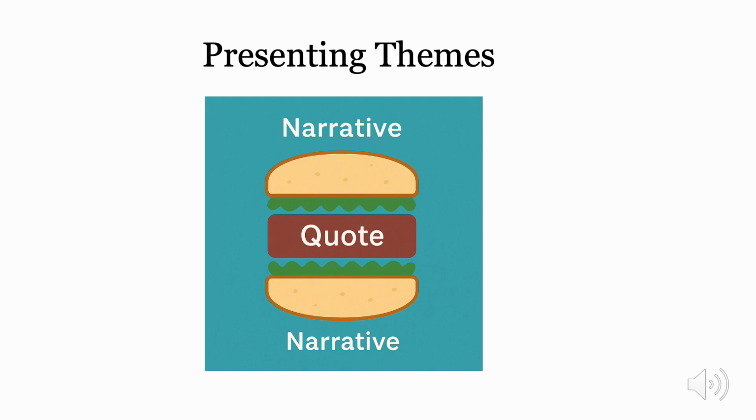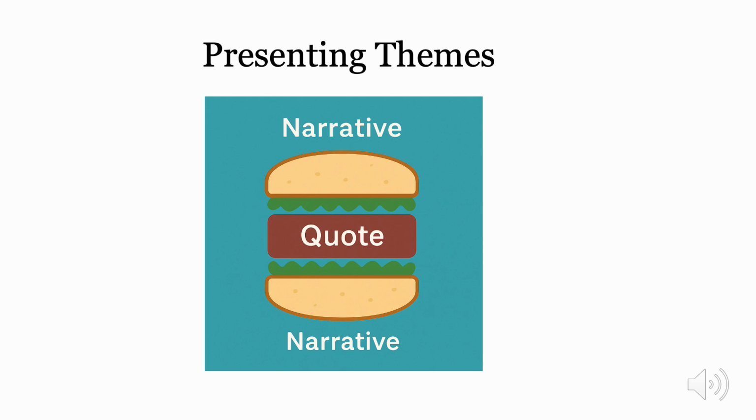This image illustrates how themes should be presented in Chapter 4. Just like a burger or a sandwich, a strong theme has layers that build together. The top layer is the theme heading and introduction. This needs to be clear and descriptive so the reader immediately understands what the theme is about.